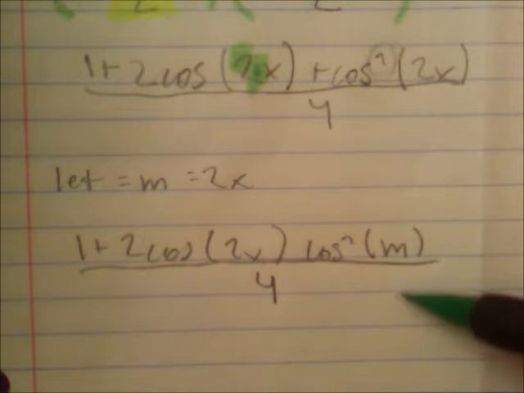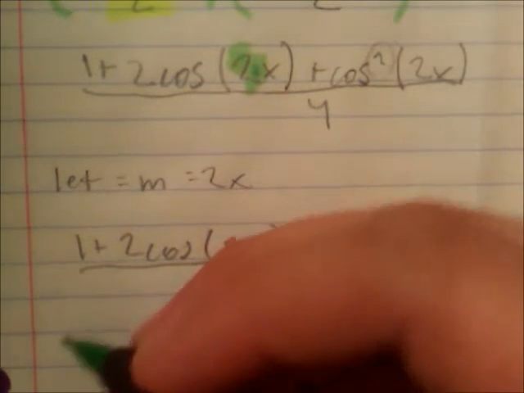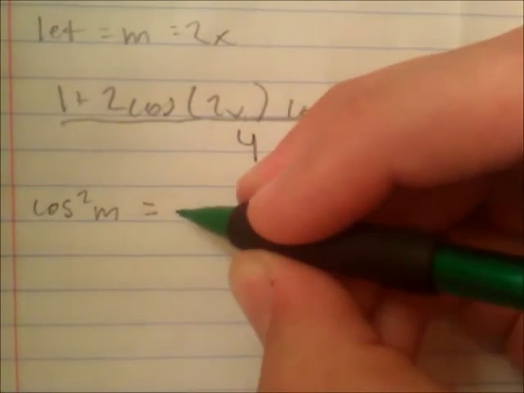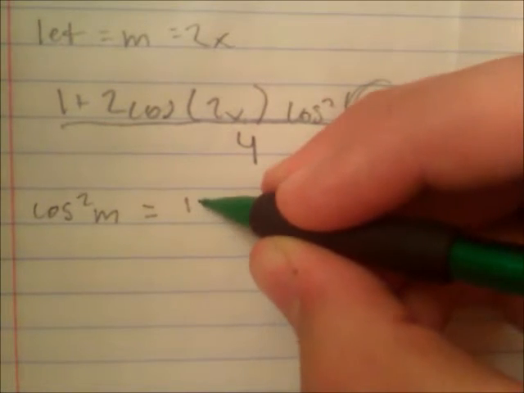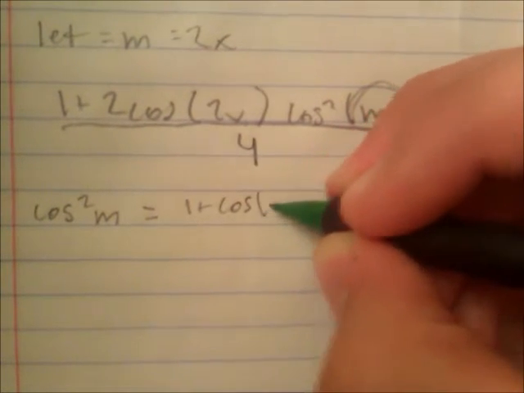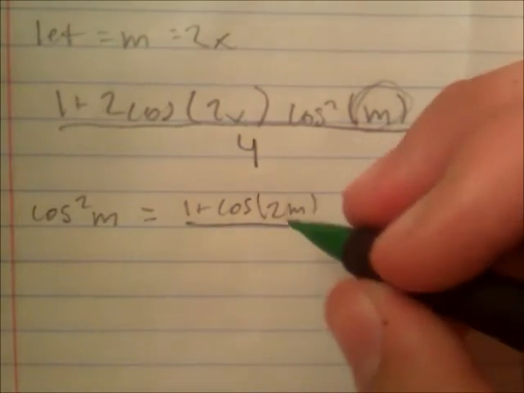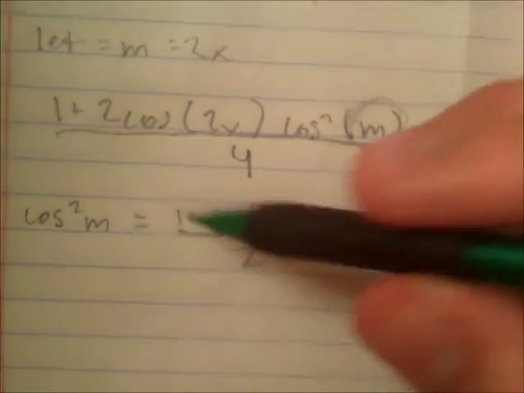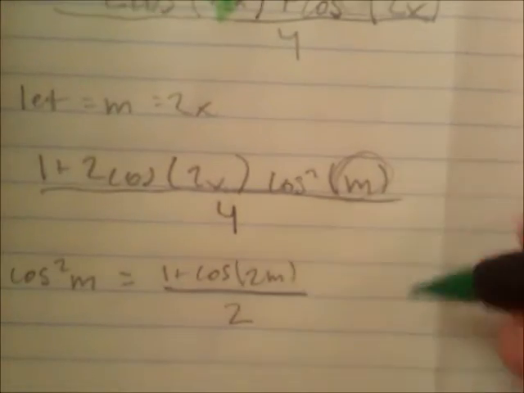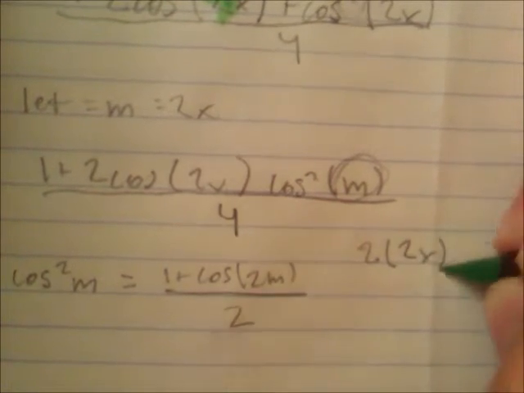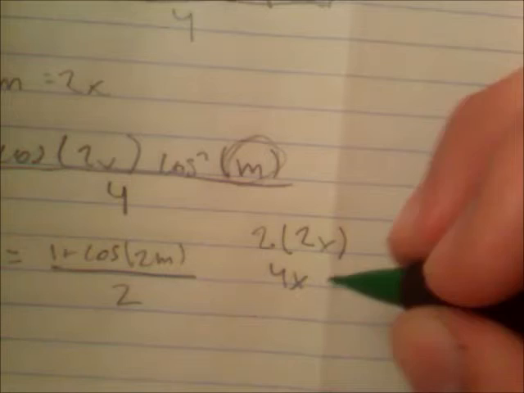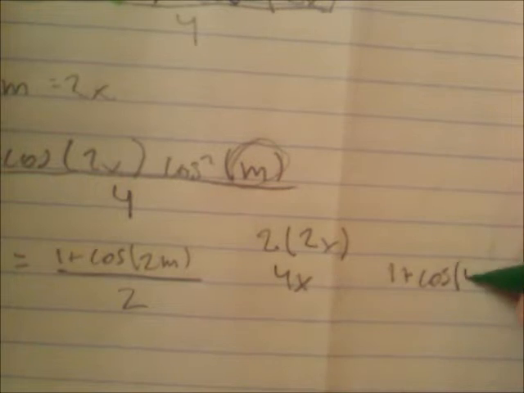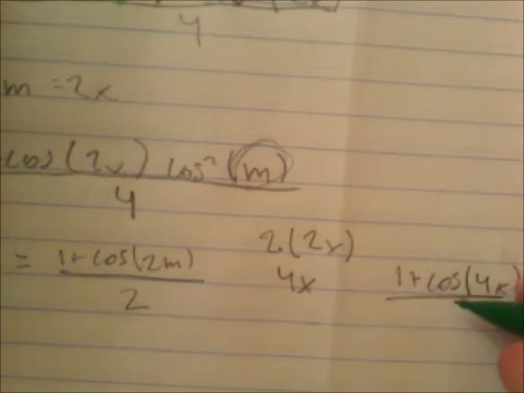Now, when we want to find what m equals, we're going to use our formulas on our SSS, rewrite cosine squared m equals 1 plus cosine of 2m over 2. And when we plug in 2x to m, we have 2 times 2x, which equals 4x, giving us 1 plus cosine of 4x over 2.